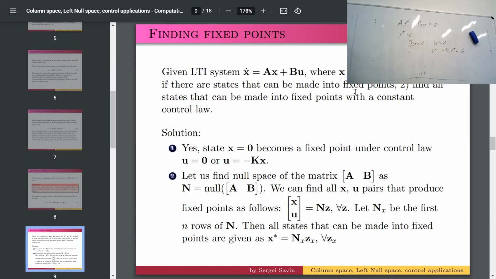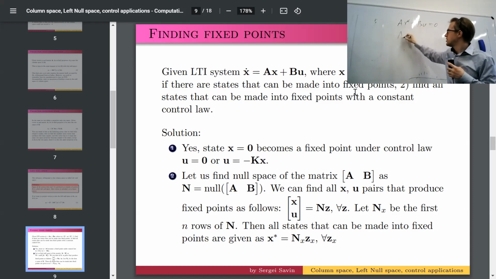Now, second question. Find all states that can be made into a fixed point under a constant control law. Constant meaning the control law has to be equal to some constant, not a linear function of state. Okay, let's find it. What does it mean? It means we need to find such u that this is true.